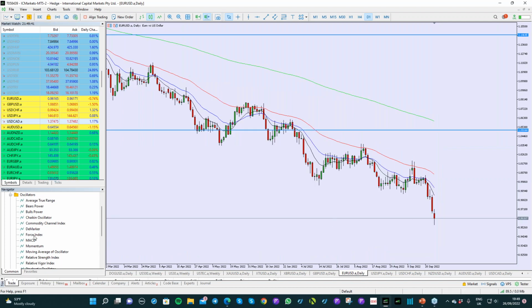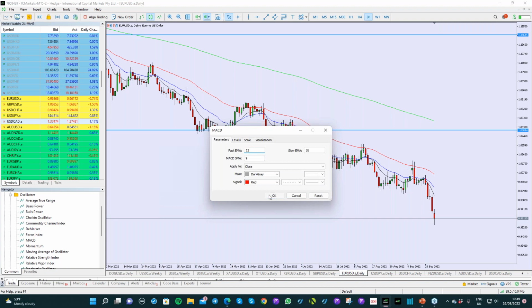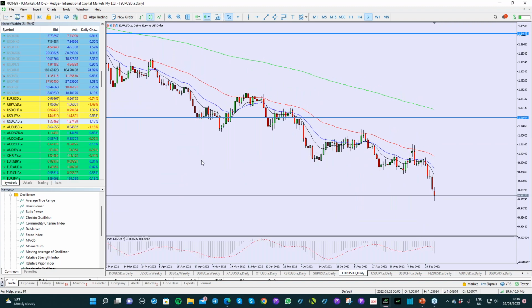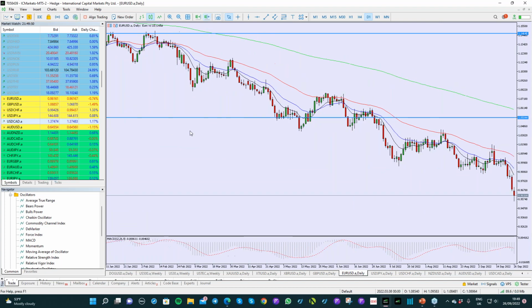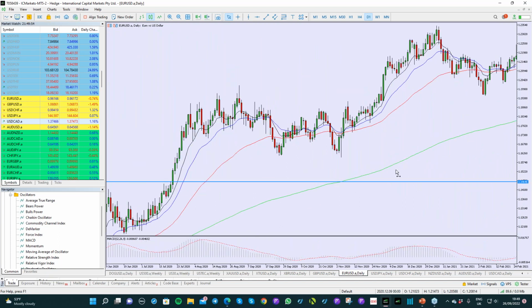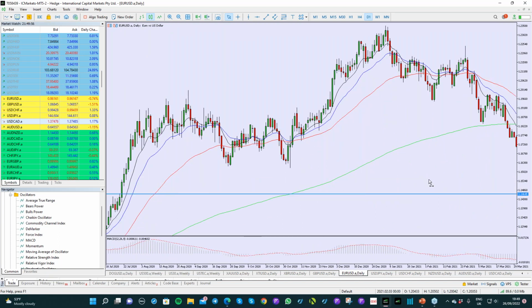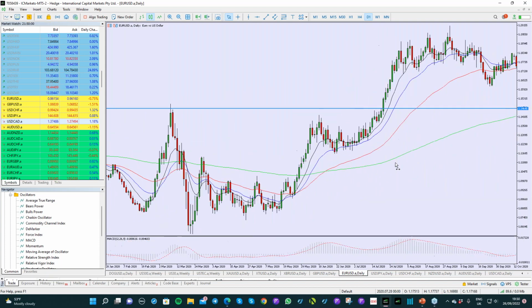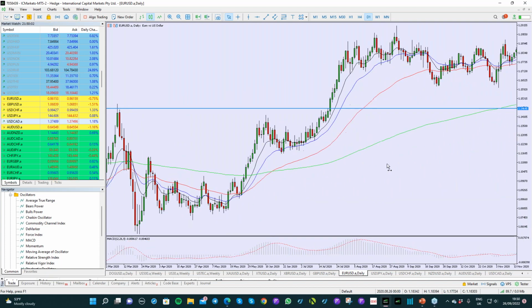Let me see if I can find an example of where it gives a trend change. It's hard because it's been trending downwards for so long.